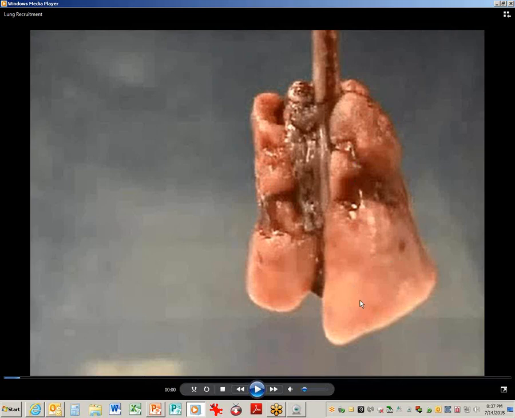The alveoli out here in these marginal rims look pretty good, but when we apply CPAP, or even a bag valve mask and one direction of air pressure, we can recruit some of this tissue.